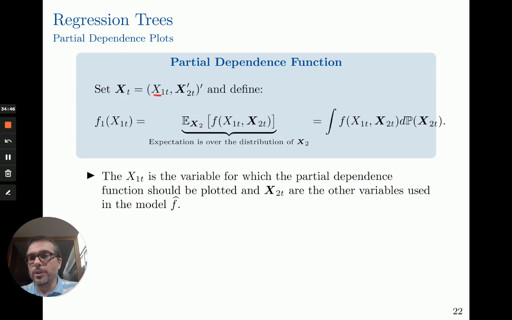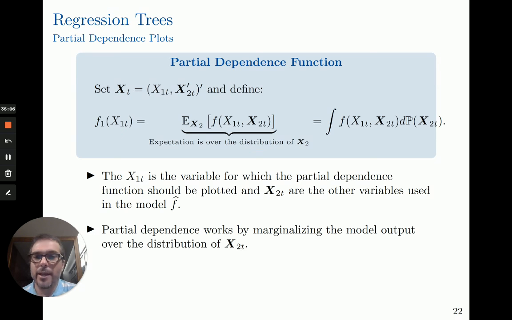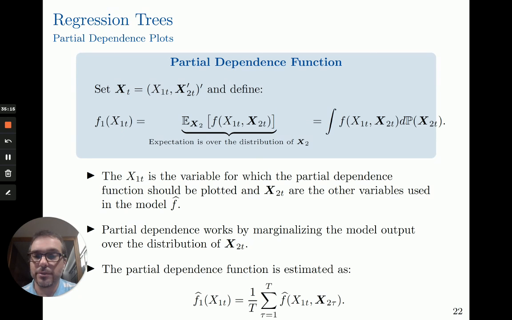We define the function f1 of x1 as the expected value, taken over the distribution of x2, of the function f(x1, x2). So we are averaging over the distribution of x2. The partial dependence works by marginalizing the model output over the distribution of x2.